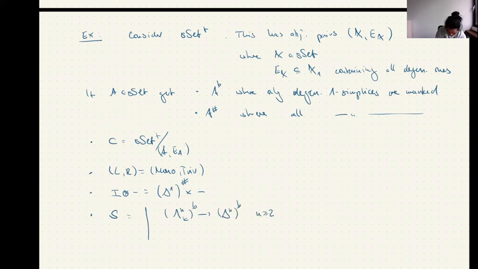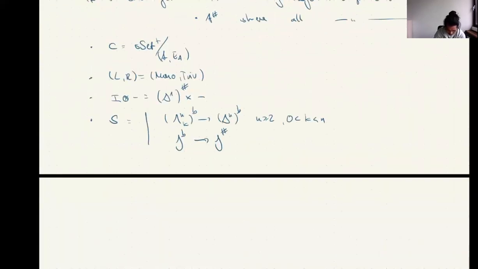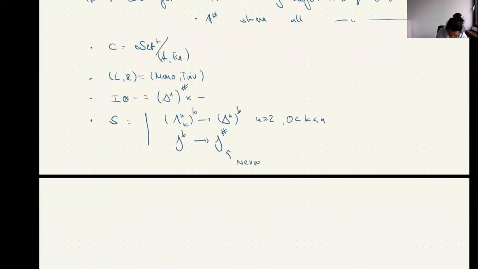And then we want to make sure that whatever we do, the equivalences will be marked. And this J is the nerve of the free walking isomorphism.